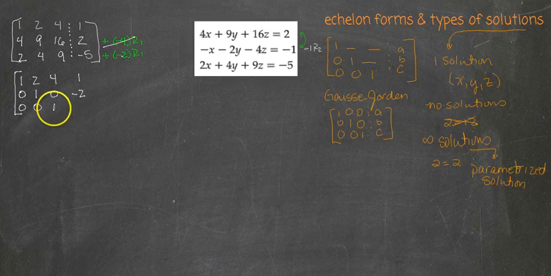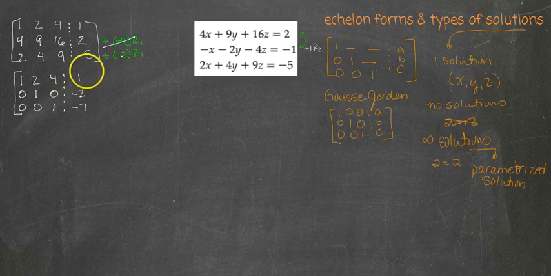This looks really good. I already have my diagonal and I have a 0 here. This is looking good. So let me keep going. 1 times negative 2 is negative 2. Take away 5 is negative 7. Okay, so that's 2 steps or 2 row operations in one step. And I think I've executed it properly.